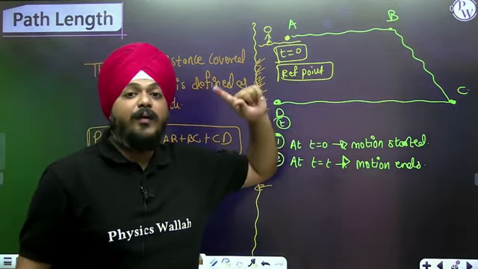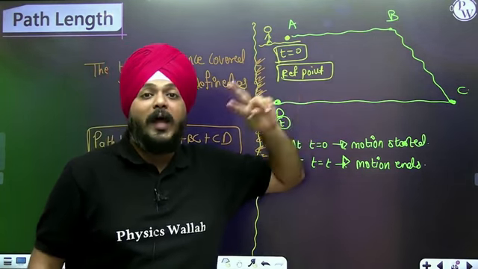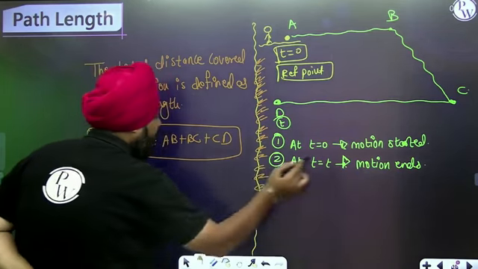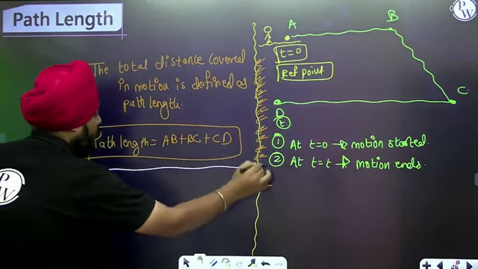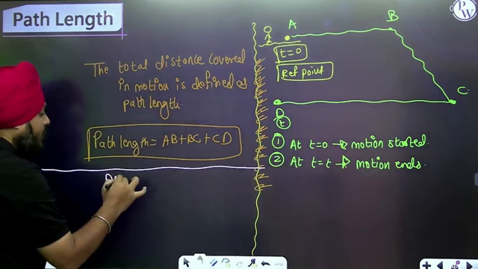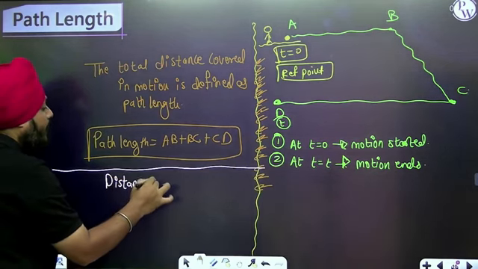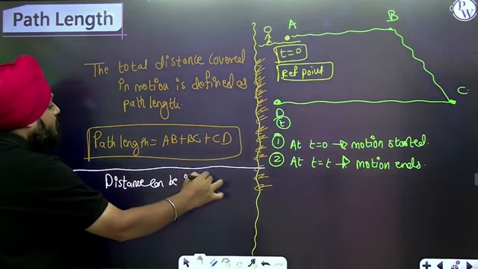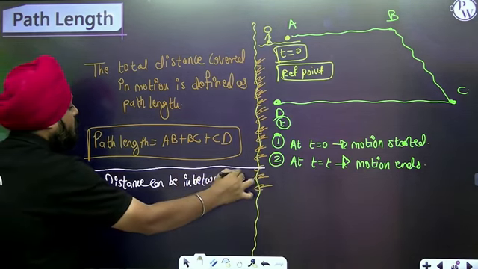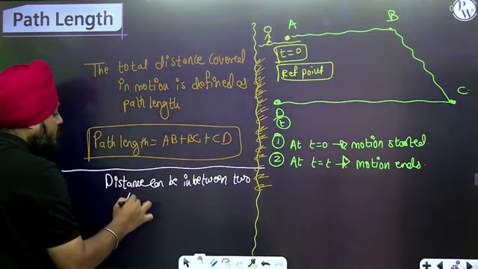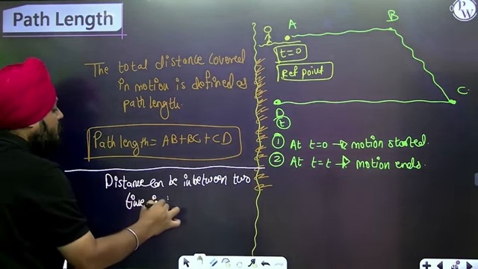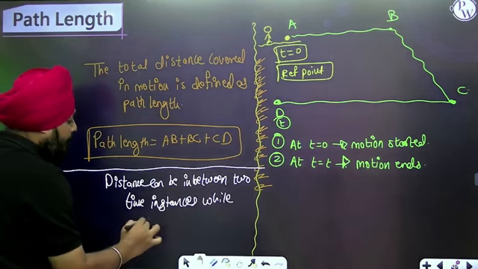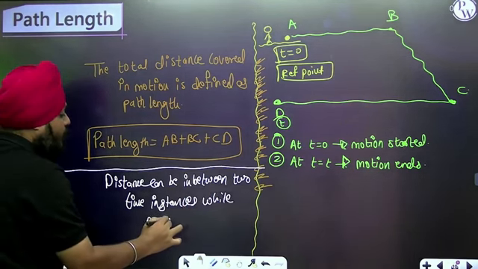Distance can be in between any two time instances, while path length is for the entire motion.